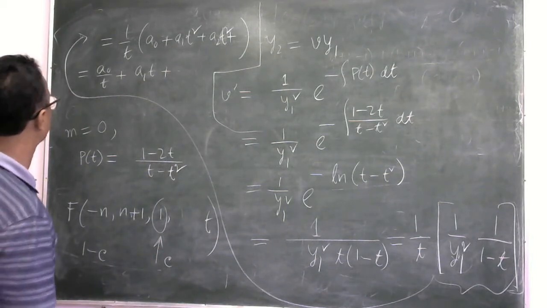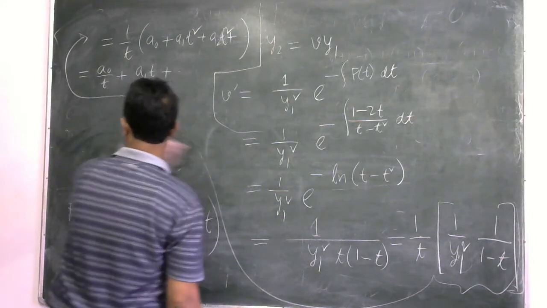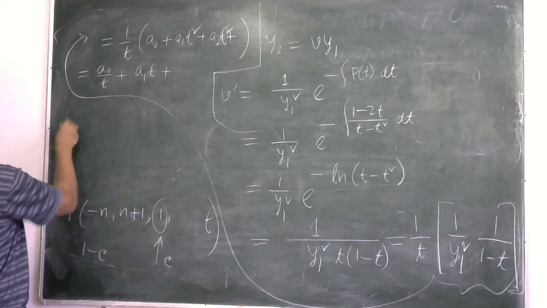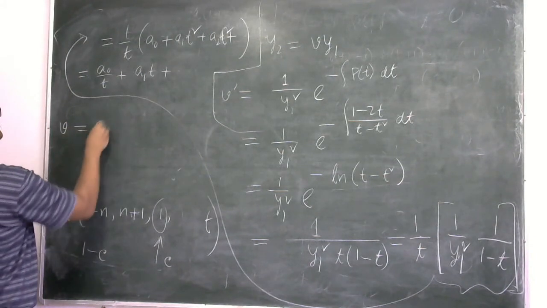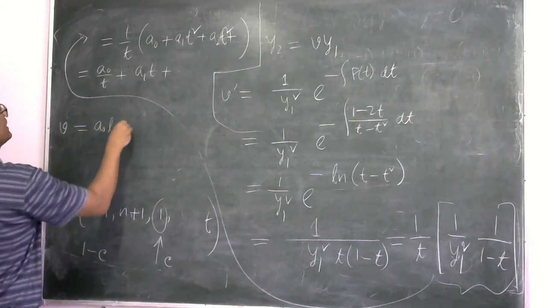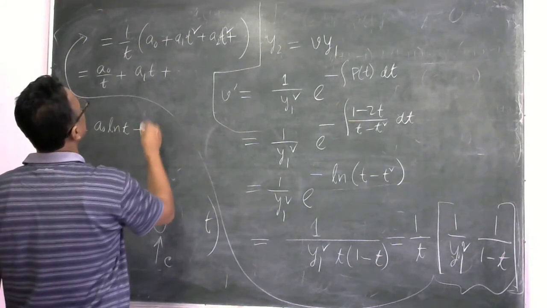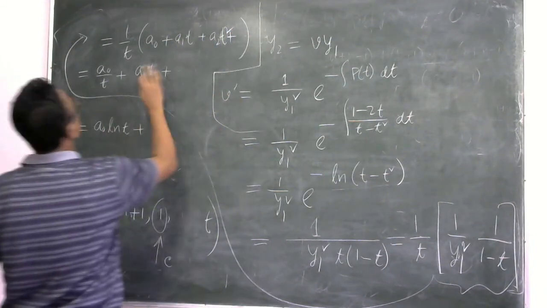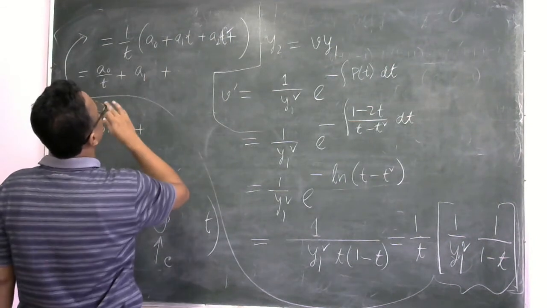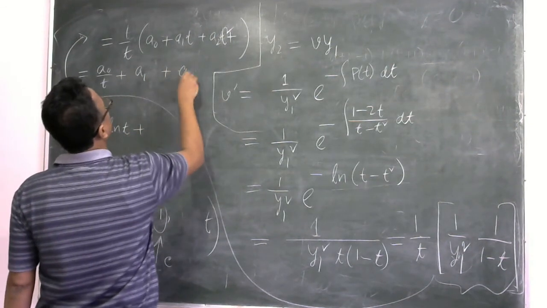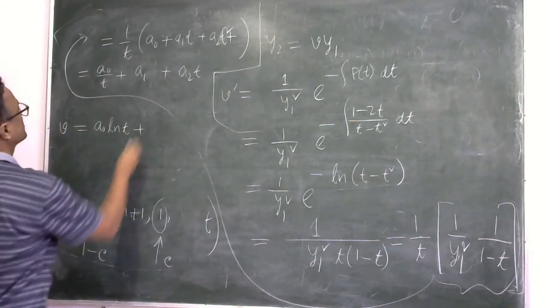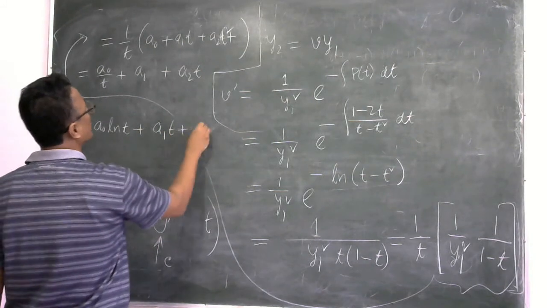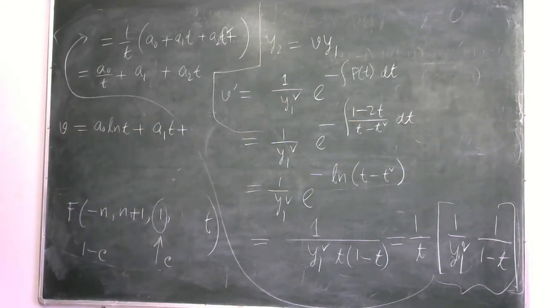So that means your v is going to be a naught ln t. Just a minute, I made one mistake here. Yes, so this is going to be a1, right? And then a2 t. Okay, fine. So then a1 t and so on.